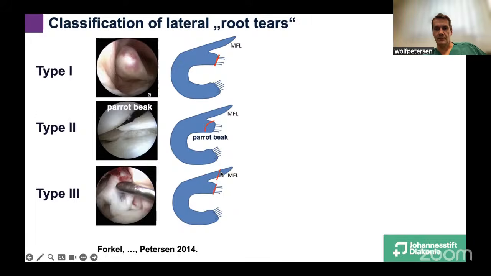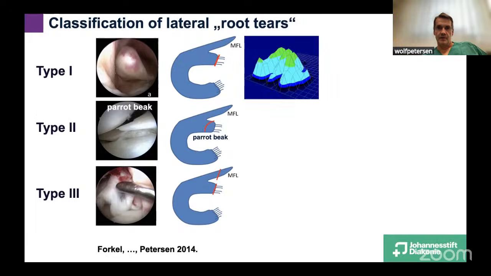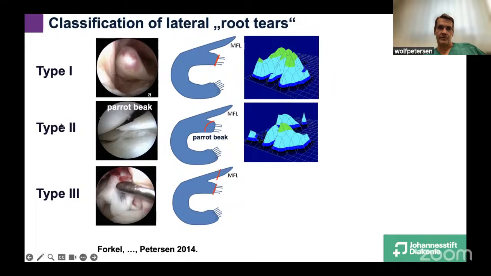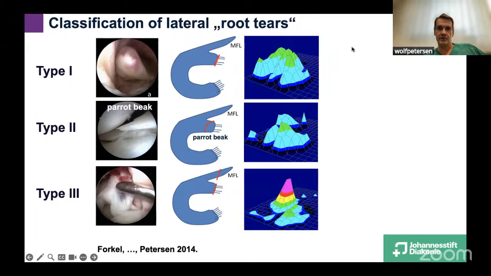In types 1 and 2, we observe no increase in lateral joint load. Only in the type 3 injury, with an injury of the meniscofemoral ligament, do we observe this increased joint load.